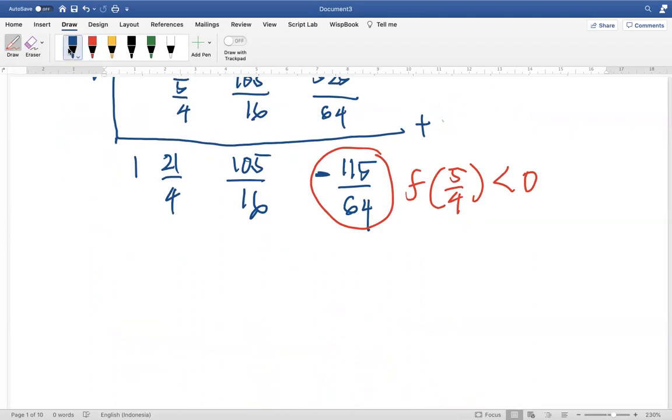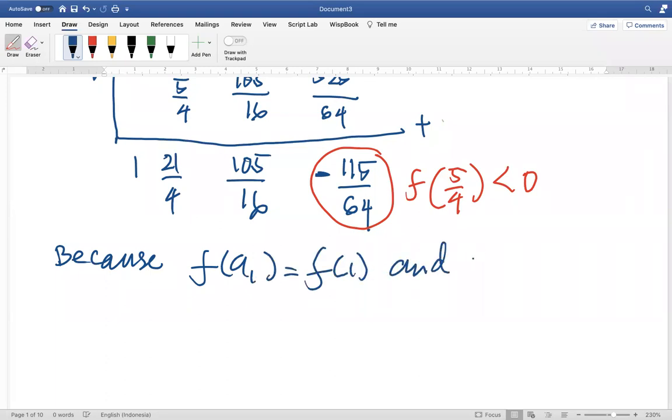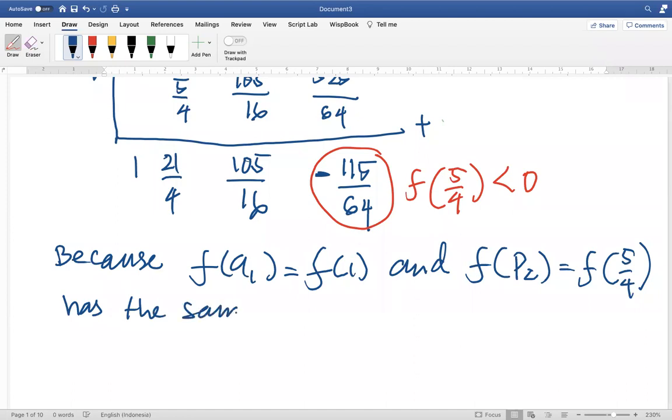Because f(a1), which is f(1), and f(p2), which is f(5/4), have the same sign, then remove A2.